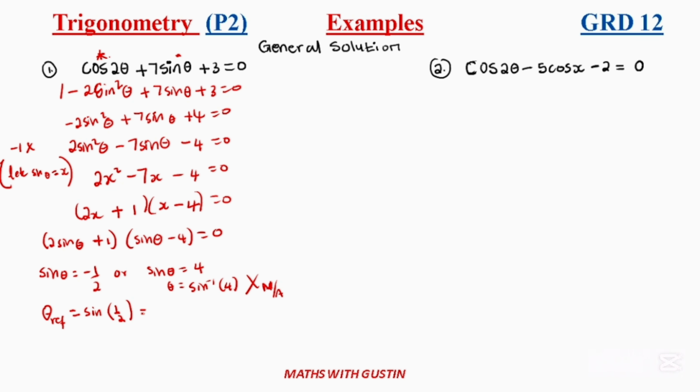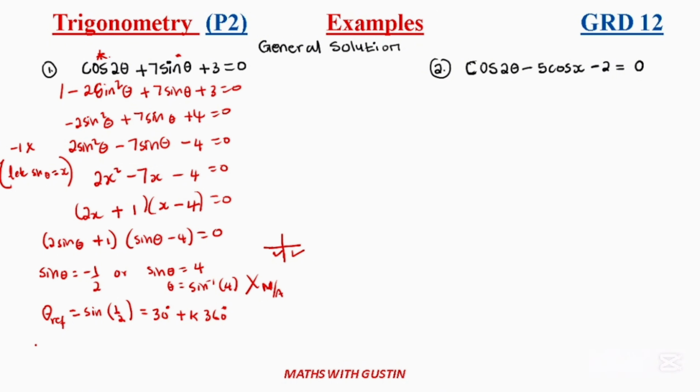It is going to give you a reference angle of 30, which is going to be plus k times 360. So now you go to your CAST diagram. I'm just gonna put it here. Where is sine negative? Sine is negative in the third quadrant and then the fourth quadrant.